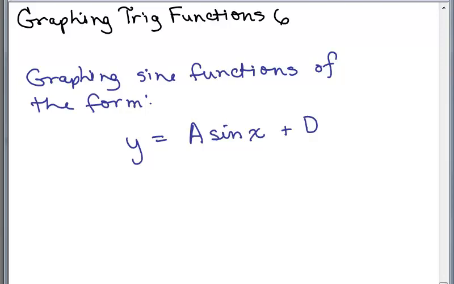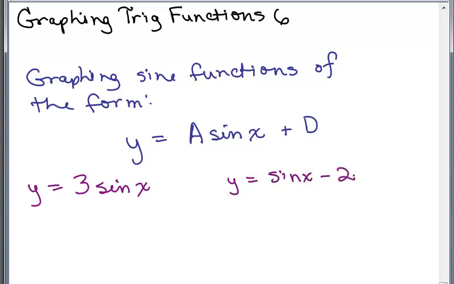This is part 6 of graphing trig functions. We're going to continue graphing sine functions, and we're going to do ones of this form: y equals a sine of x plus d. We've already done problems like y equals 3 sine of x, where a would be 3, and ones like y equals sine of x minus 2.